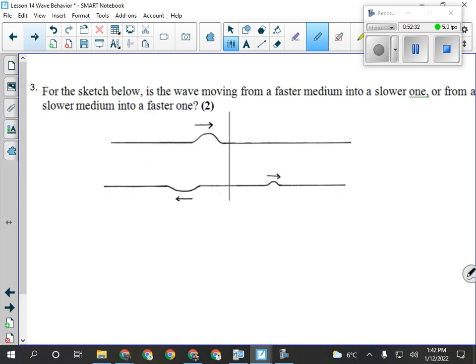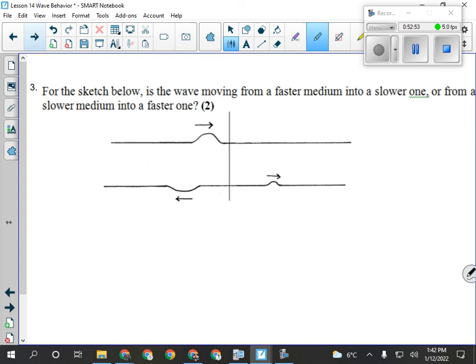All right, so for this one, the before picture's on top, the after picture's on the bottom. Is this wave traveling into a faster medium or a slower one? Slower. How do we know? There's a couple of reasons. It got shorter, smaller.